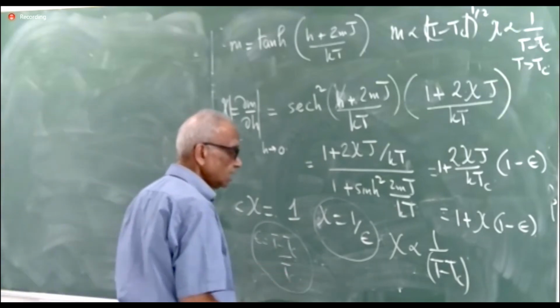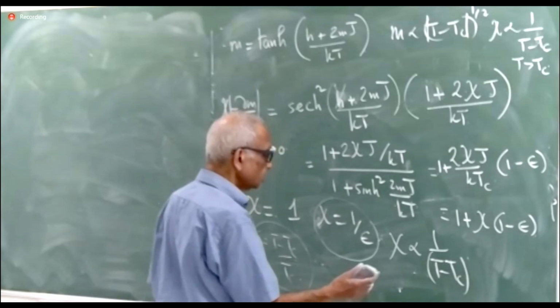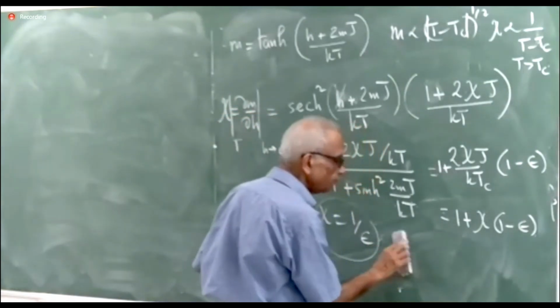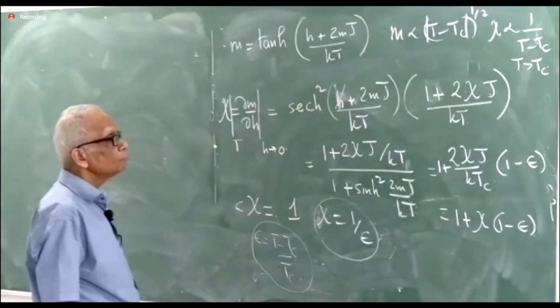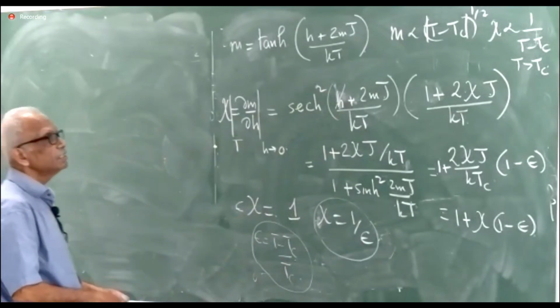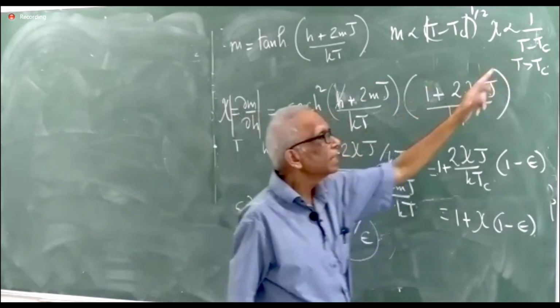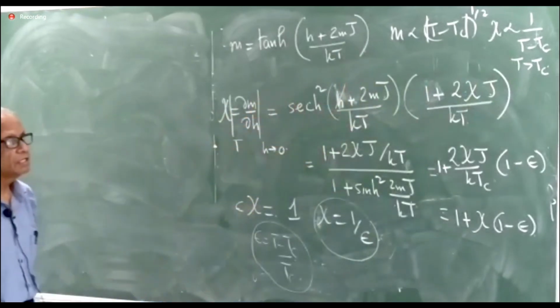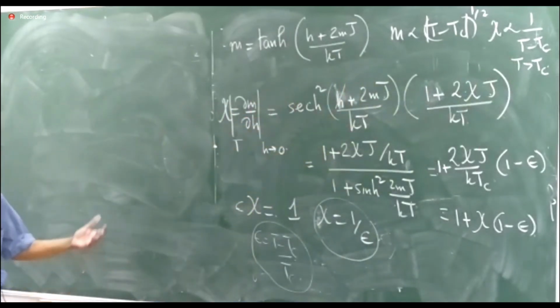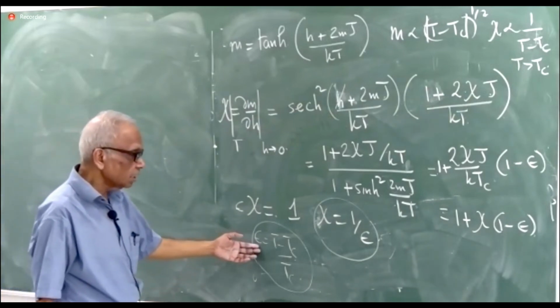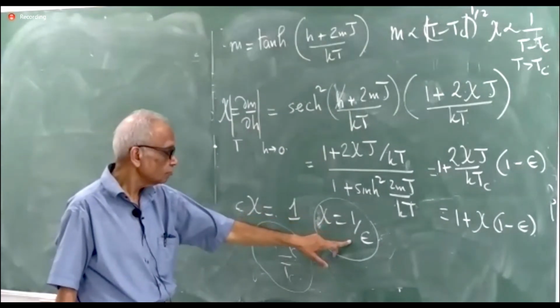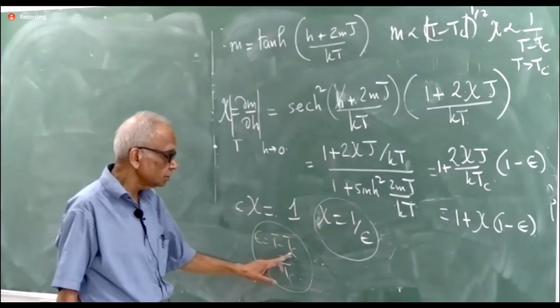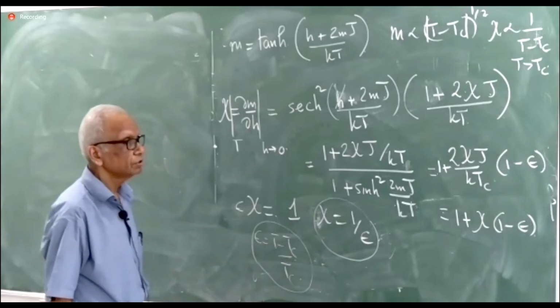The proportionality is no longer the question. Proportionality, fine, it tells me that gamma is equal to 1. So for T greater than Tc, it is proportional to this, and therefore the exponent gamma is equal to 1. Beta is equal to half, gamma is equal to 1. But the exact answer is chi is equal to 1 over epsilon, where epsilon is T minus Tc over Tc.